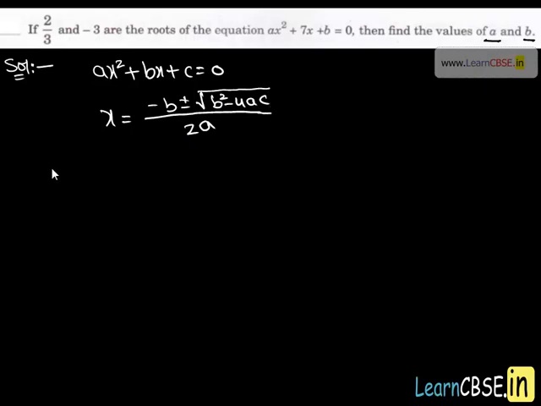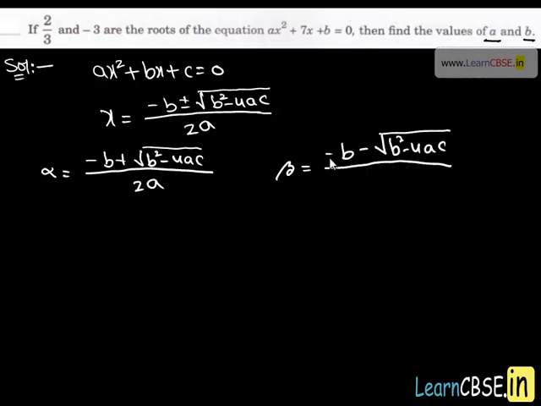If we take alpha is equal to negative b plus under root b square minus 4ac upon 2a and beta is equal to negative b minus under root b square minus 4ac upon 2a, the sum of the roots is alpha plus beta.